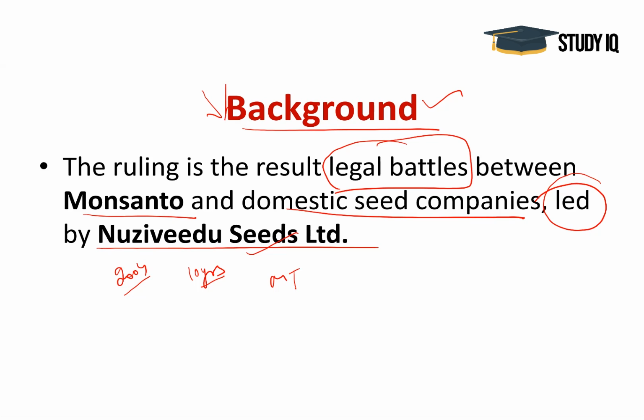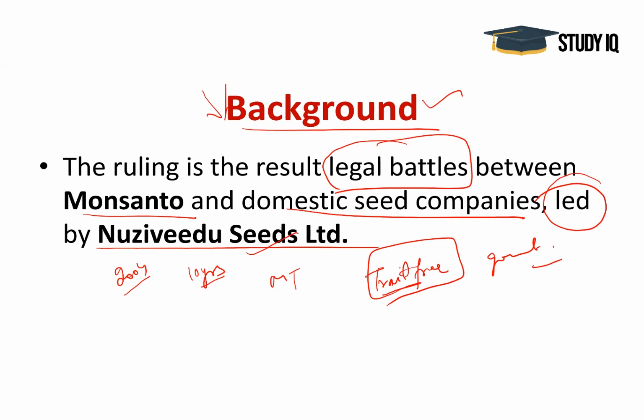Right. So local seed firms which get licenses from Monsanto to sell genetically modified seeds used to pay a trait fee. This trait fee is like a royalty which was fixed by the Government of India.